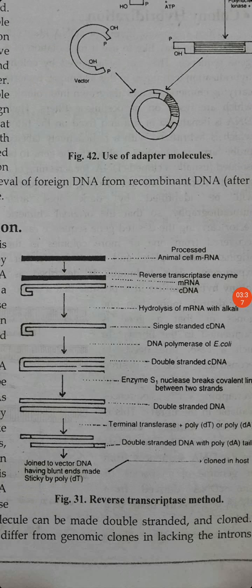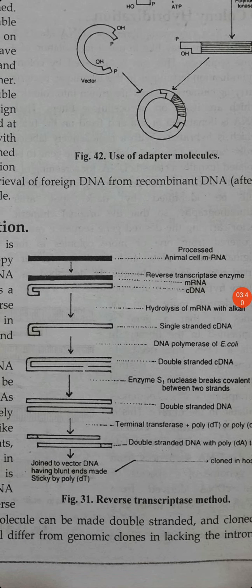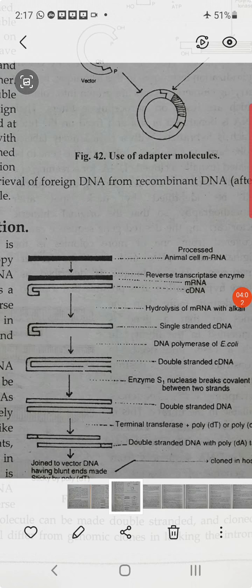So this double-stranded DNA is now broken. We get the double-stranded DNA, but with a break. After that, terminal transferase adds poly tails, and we get double-stranded DNA with poly tails. They get joined: the double-stranded DNA is joined to a vector DNA having blunt ends made sticky with poly tails. So this DNA is now joined with the other DNA.